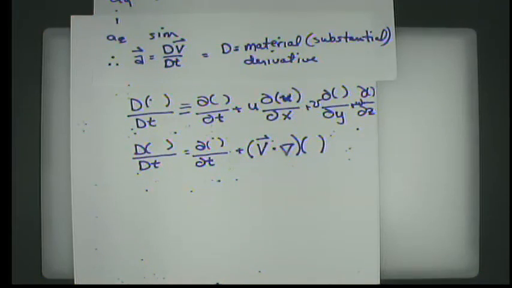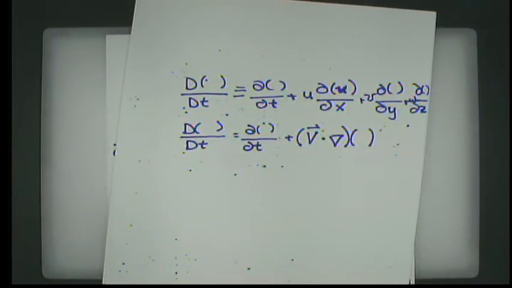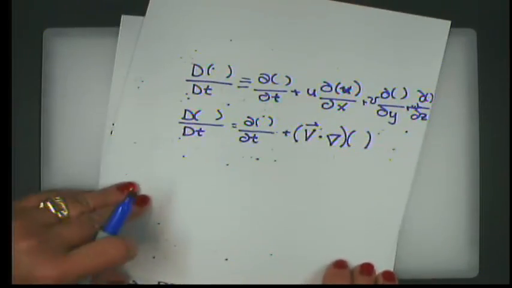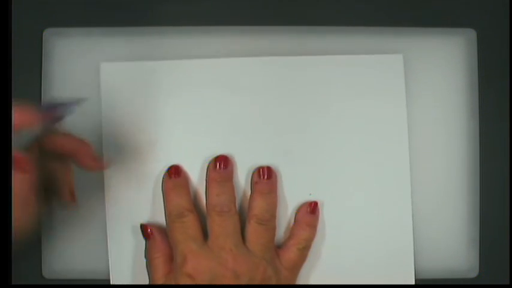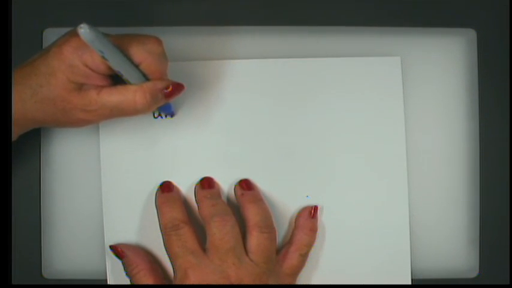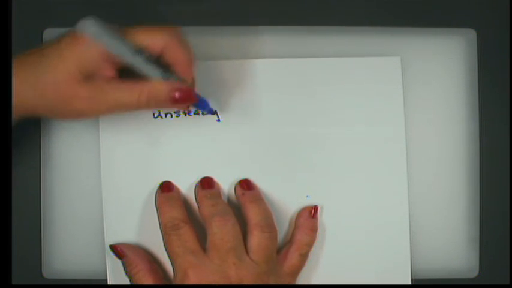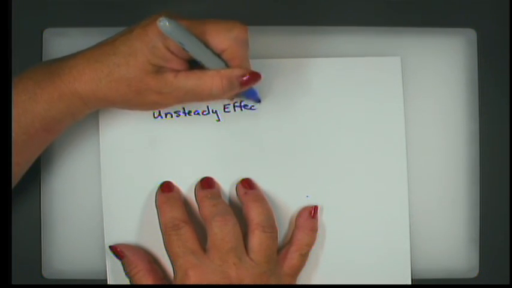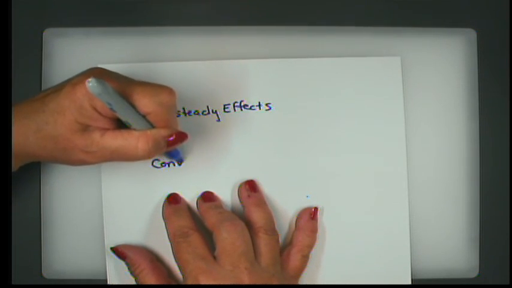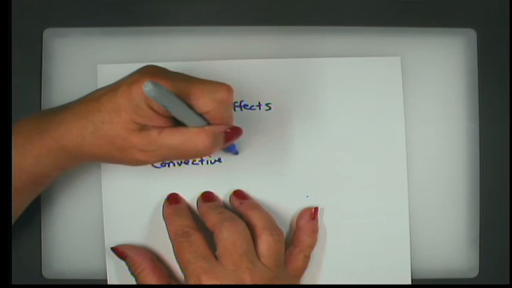All right, now there's a couple of ideas that we need to illuminate here. And one is the idea of change with time, unsteady effects, and convective effects. Okay. This blue marker bleeds through the paper pretty well, so I need to shape it up. Okay, so let's talk about unsteady effects and convective effects.